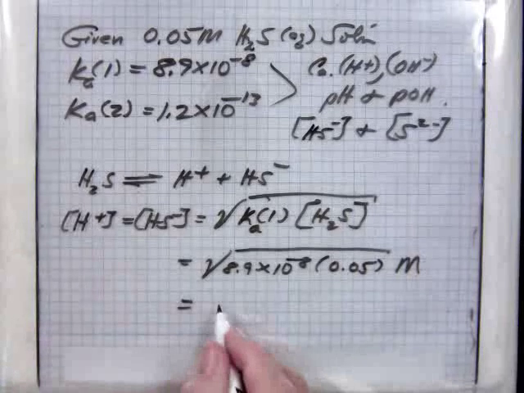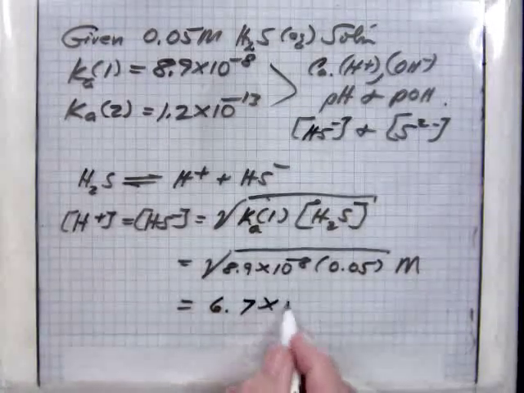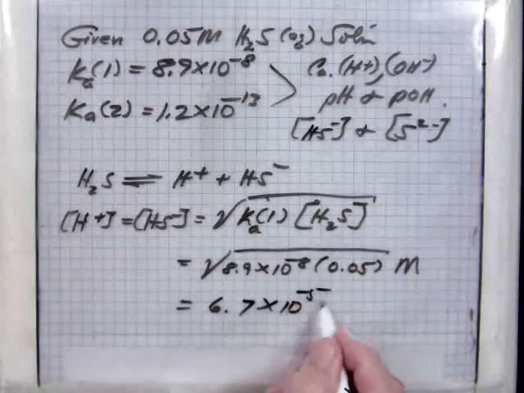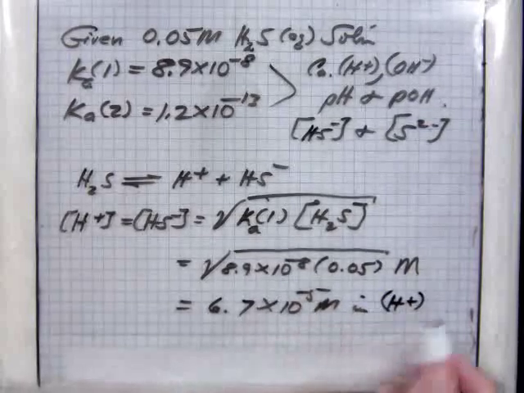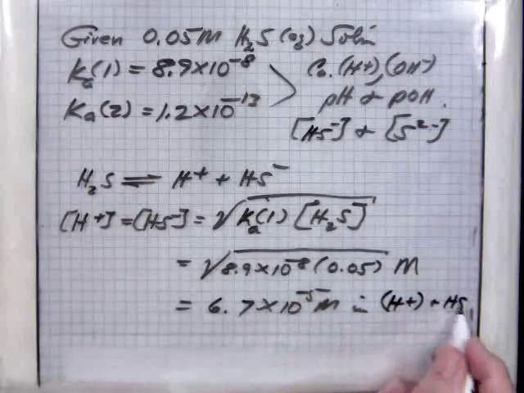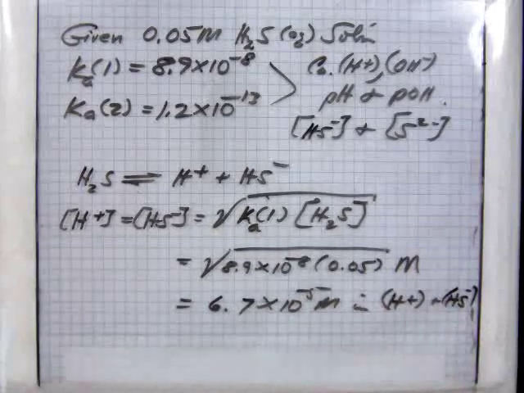So I have 6.7 times 10 to the minus 5 molar in hydronium ions and bisulfide ions. So you're through with that one.